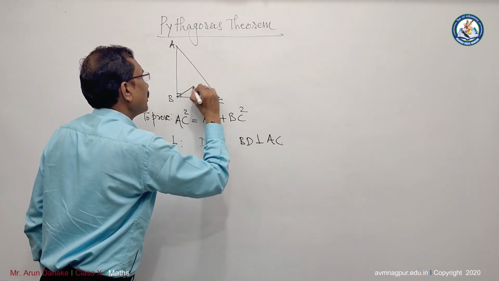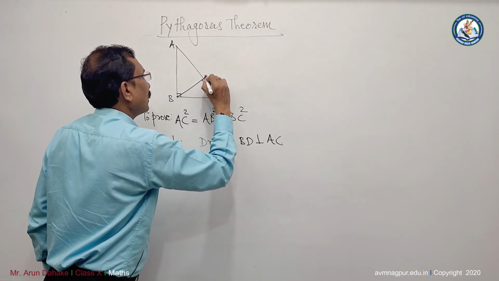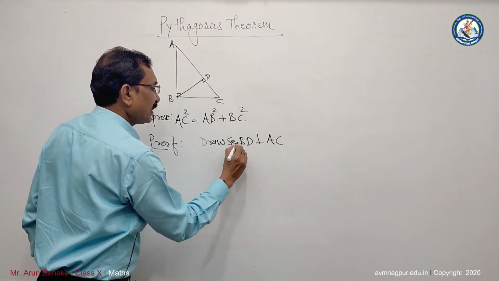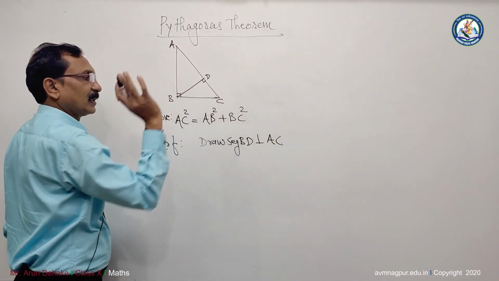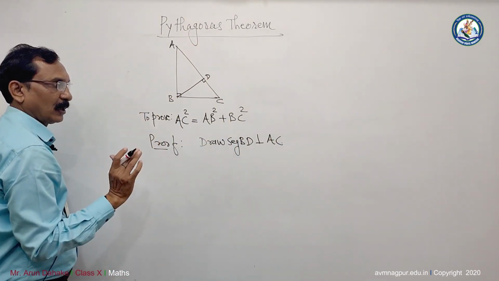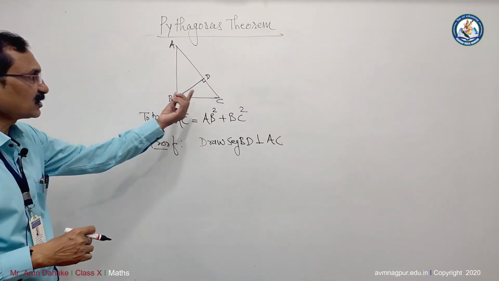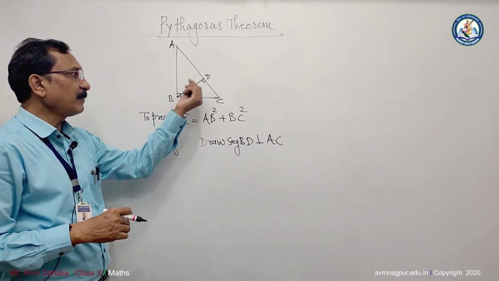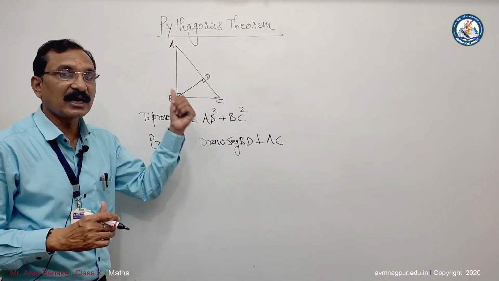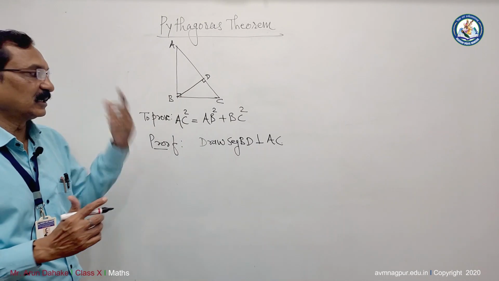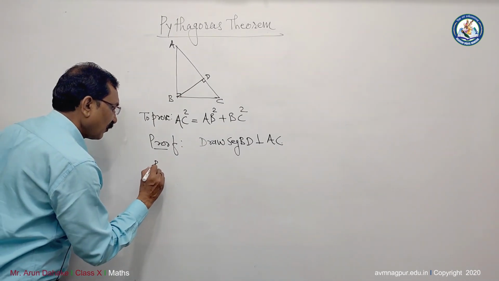So this is the perpendicular BD. Segment BD is perpendicular to hypotenuse AC. This is the construction. After drawing the construction BD perpendicular to AC, there are three triangles, all right angle triangles. So now we'll see the proof of this.